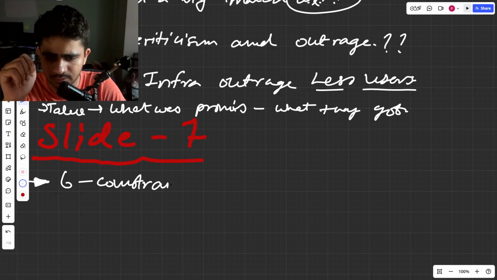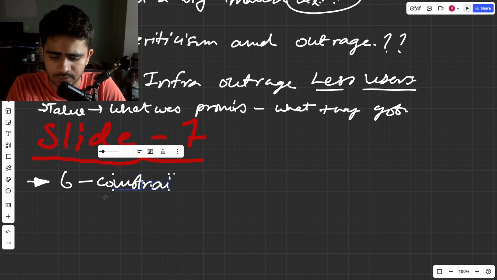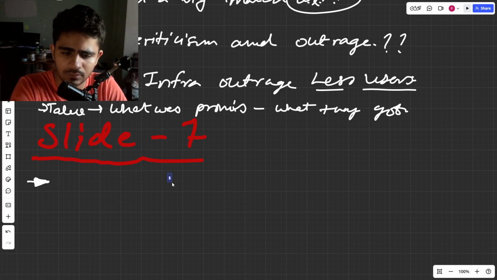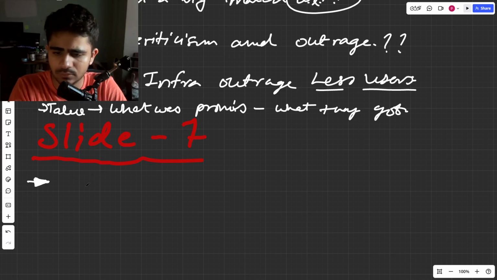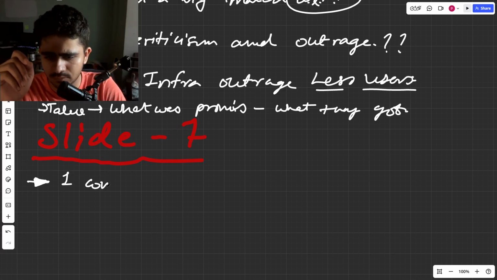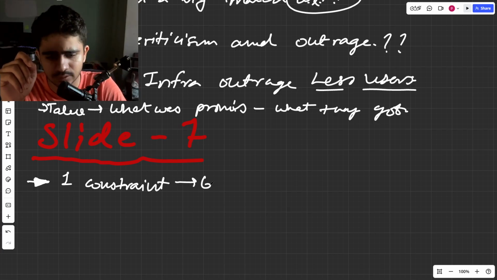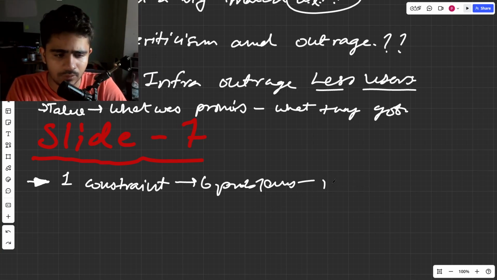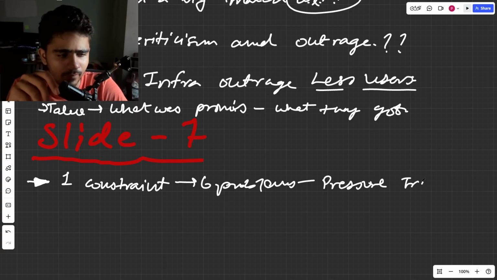6 constraints. 1 constraint actually. Oh my god. 1 constraint and then 6 problems. Yeah, pressure. What is the word? Pressure transfer. Transfer chart here.